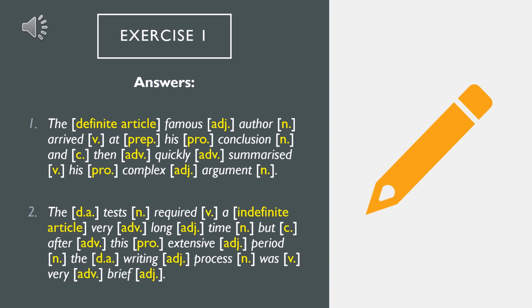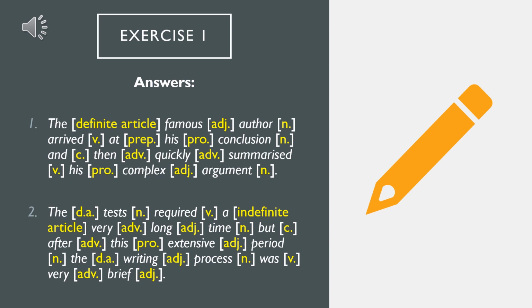Summarized, as you've probably guessed, is another verb, and it's in the past tense. And we have another genitive pronoun there, his. Complex is another adjective because it describes the argument. And finally, argument is another noun because it's a thing. In your own time, have a look at the answers to the second example.